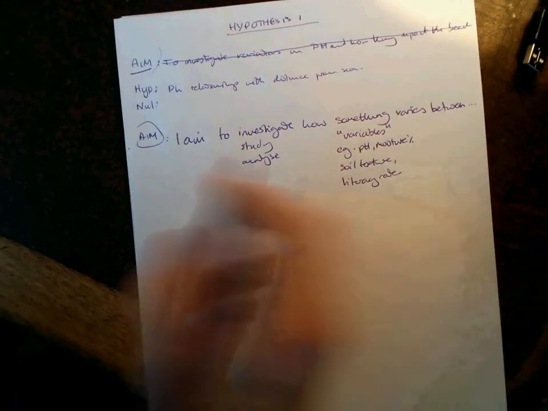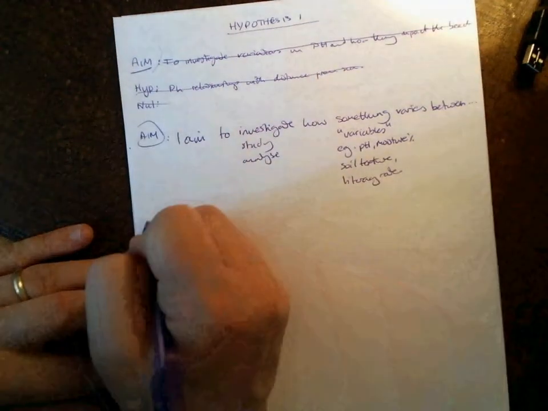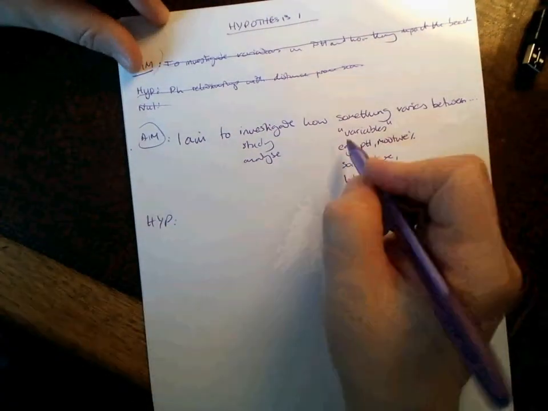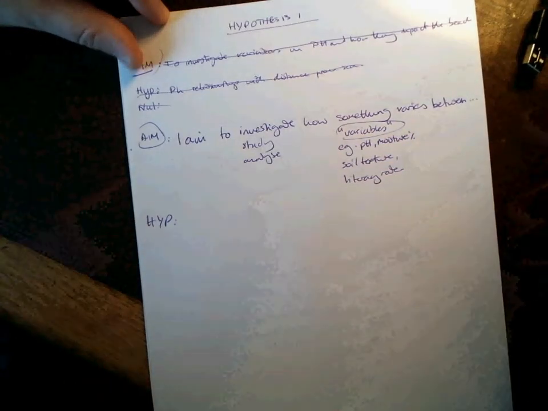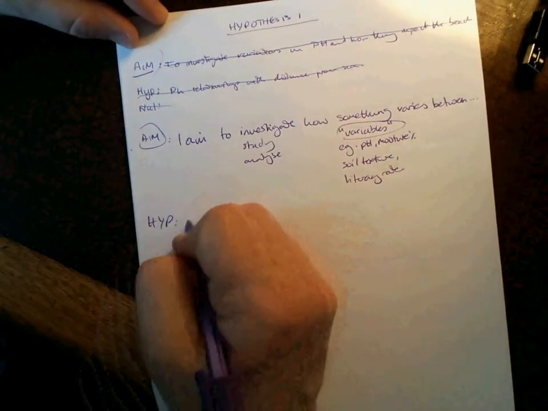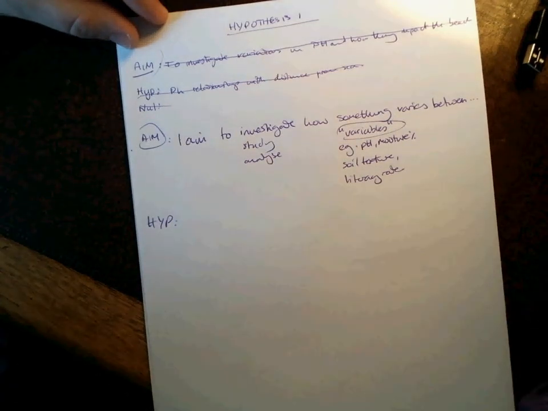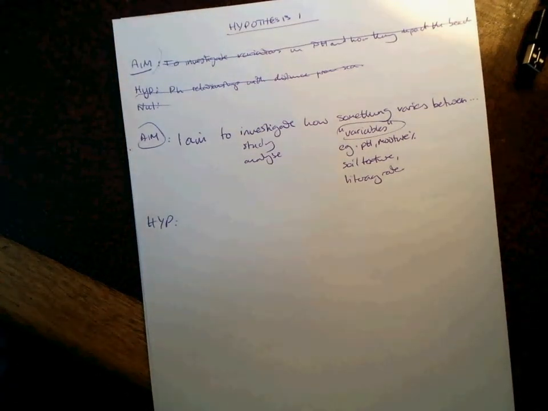Based upon this, you want to do a hypothesis. I'm just going to score all of this out actually, guys. Hypothesis. So your hypothesis needs to refer to the variable that you have identified in your aim. So let's say we're doing literacy rate.